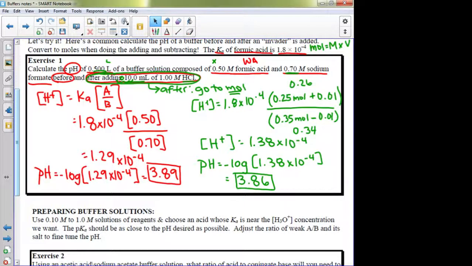Notice I added an acid, so my pH did go down, but did my pH go down a lot? No. Should I have expected it to go down a lot? No. Because this is what kind of solution? A buffer. What do buffers do? They resist a change in pH. How do I know I'm working with a buffer solution? If I see a weak acid or a weak base.